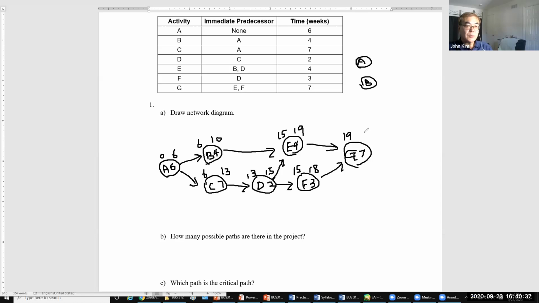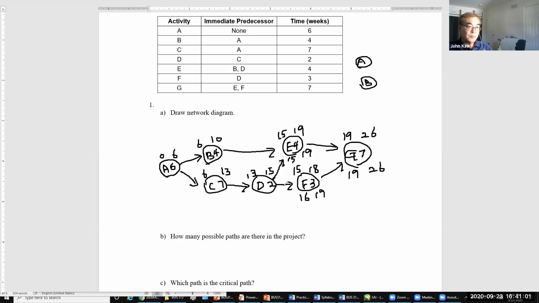and 26. So early start, early finish, and so on. And 26, 19, 19, 16, 19, 15.